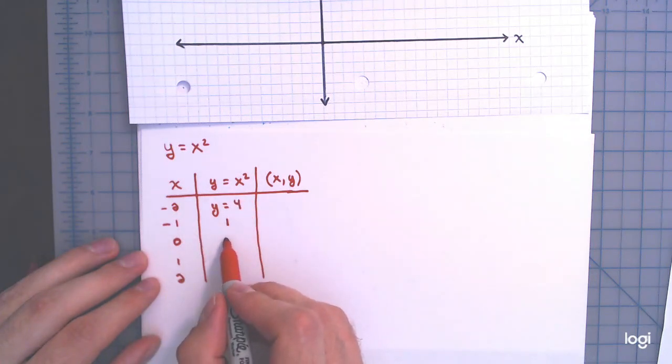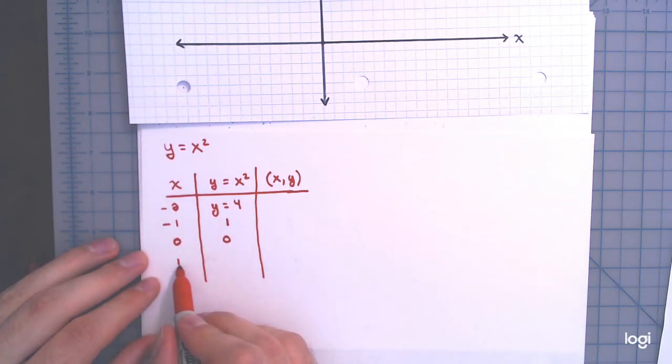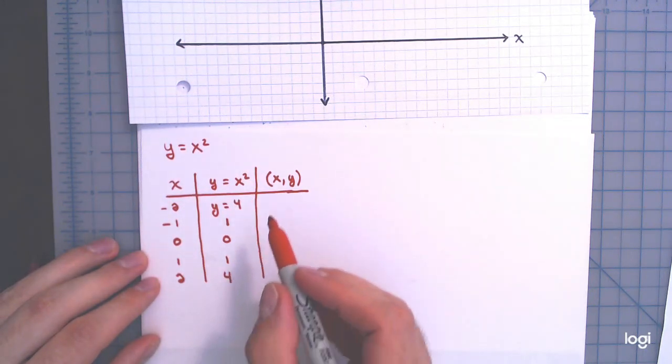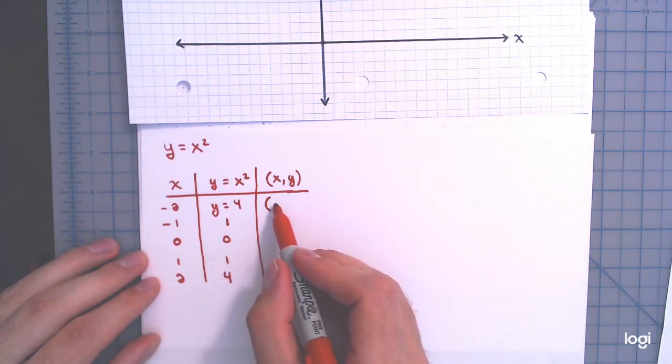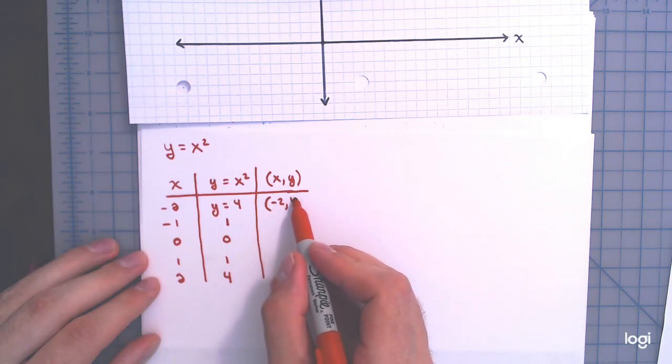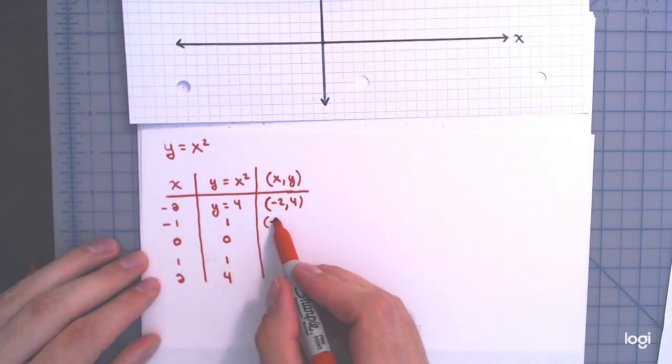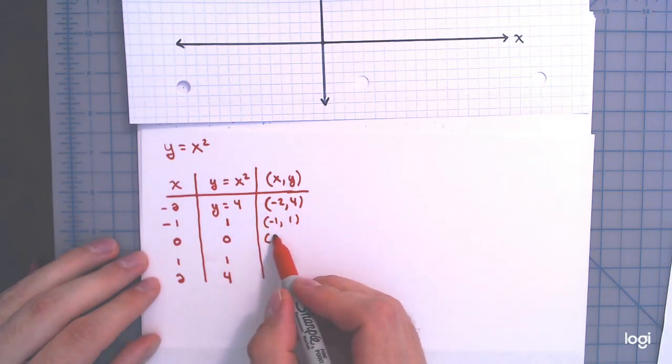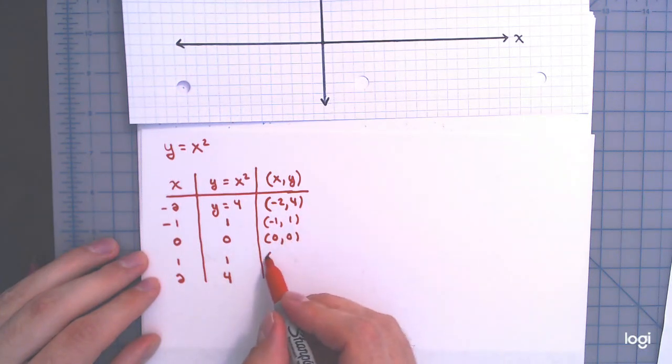When x is 0, y is 0, when x is 1, y is 1, when x is 2, y is 4. And the ordered pairs, the points I'd be plotting, are -2, 4, -1, 1, the origin 0, 0, 1, 1, and 2, 4.